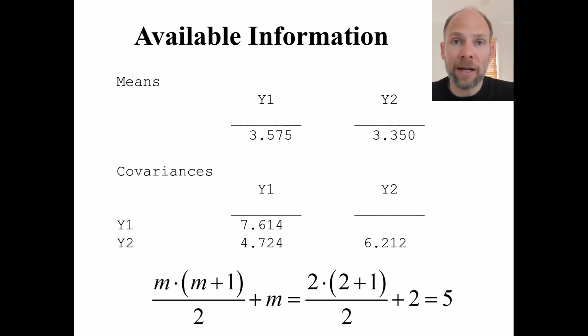In this formula, the fraction gives you the available information that comes from the covariance matrix, and then plus M refers to the M means that we have with M variables. So this formula is practical when you have a larger number of observed variables and you don't want to count all those pieces of information by hand.